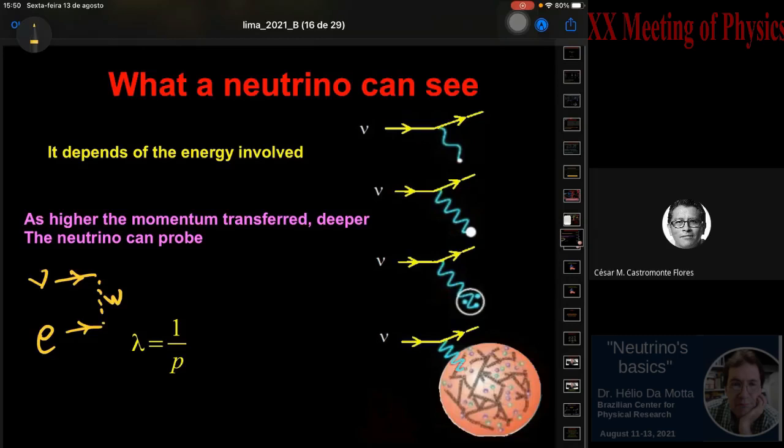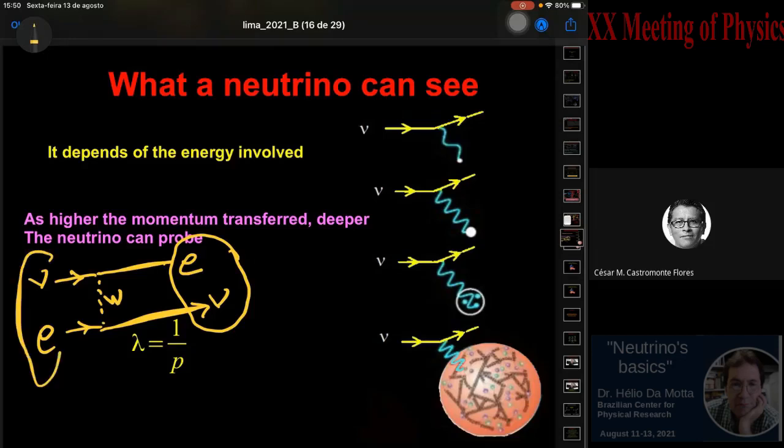They exchange a W, then the electron loses its charge and becomes a neutrino, and the neutrino becomes an electron. Fantastic, no? So although at the very end you still see an electron and a neutrino, they are really not the same as at the beginning, because they exchanged a W. So the electric charge went from the electron to the neutrino, or from the neutrino to the electron, it doesn't matter, right?